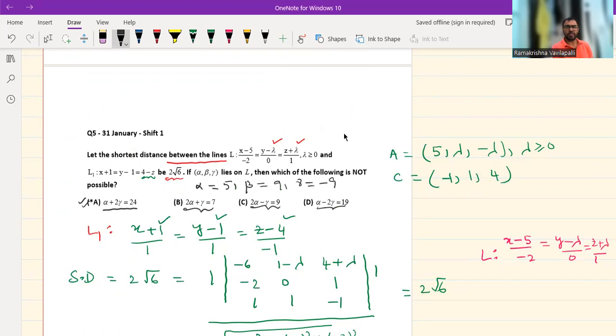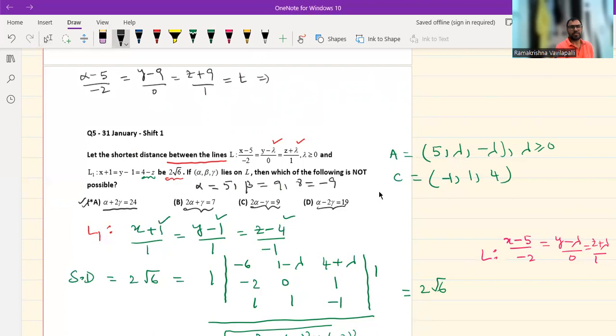But how are these two possible? For this, we need to take a general coordinate. So here I am writing that we got x minus alpha minus 5, alpha minus 5 by minus 2 equal to y minus 9 by 0 equal to z plus 9 by 1. We take equal to some t.